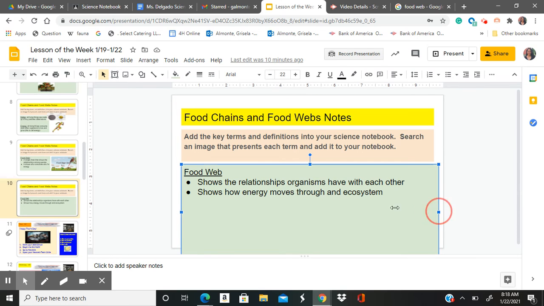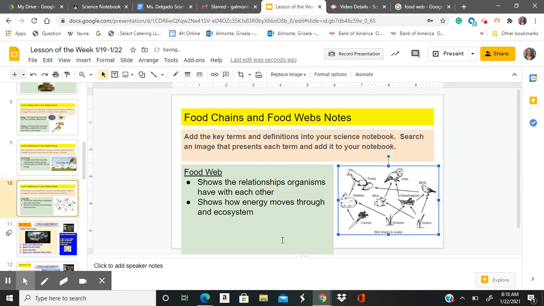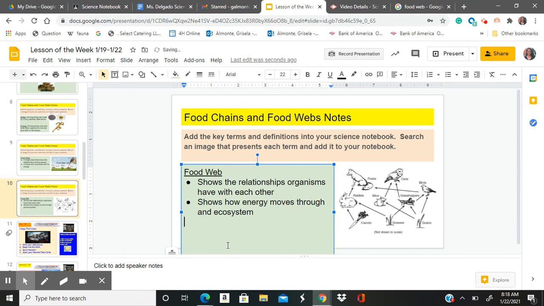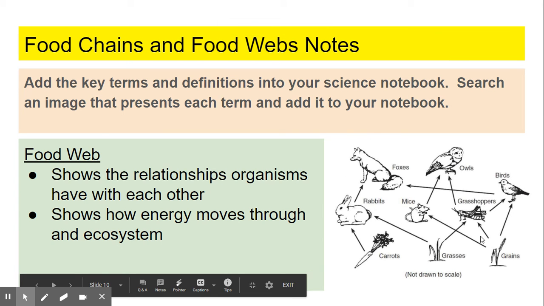As you can see with the food web, it's almost like a bunch of little food chains together. The difference between a food web and a food chain is that the food web shows the relationship with all the organisms in an ecosystem, who consumes who for energy, and how this energy moves throughout the ecosystem.